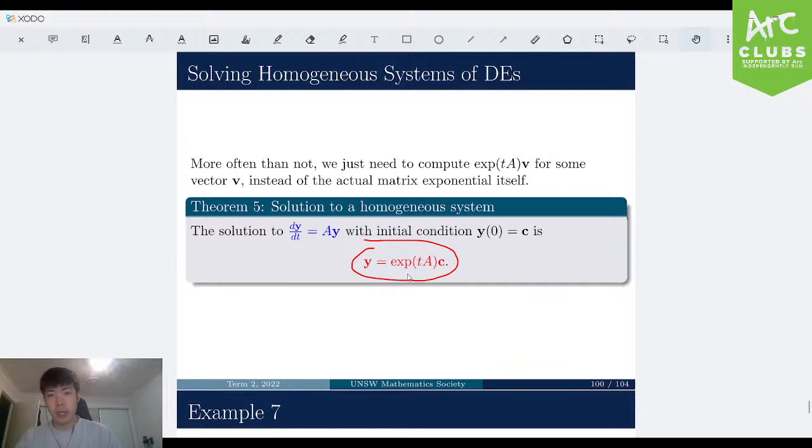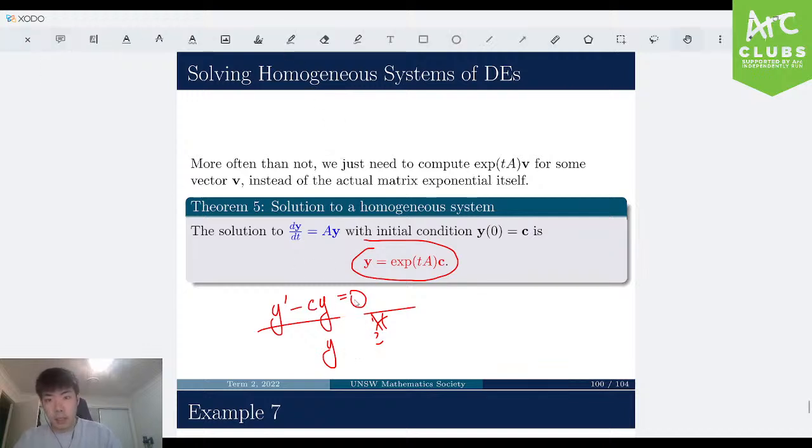The intuition behind this is, I guess, very similar to what you would have learned in first year. I remember in first year, if you had something like y' minus some constant, let's say c times y, equals 0, this would be called a homogeneous differential equation, and we would typically guess the answer to be some constant, let's say a, times e to the power of λt, right?